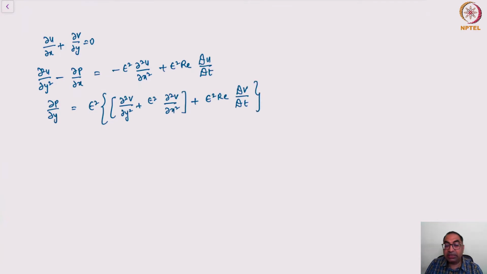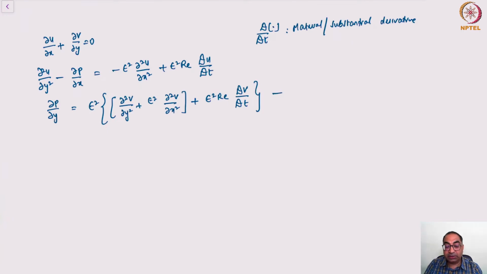This dv by dt and du by dt, of any quantity, is the material or substantial derivative. And then we have a gravity term.